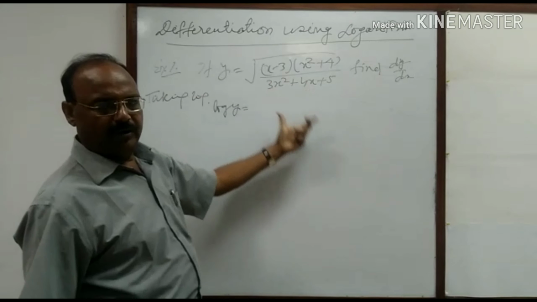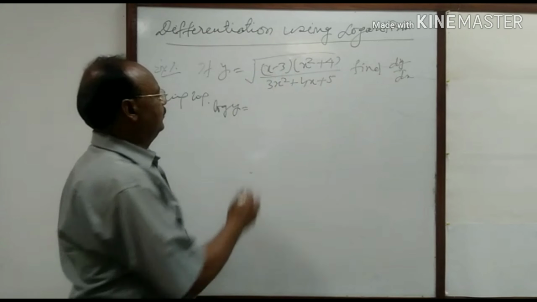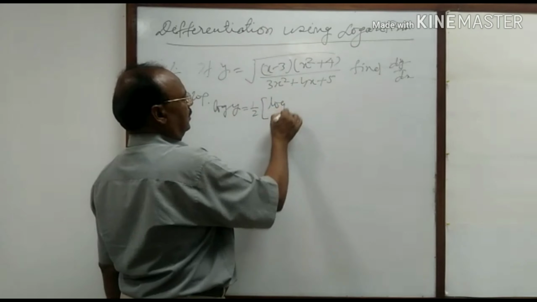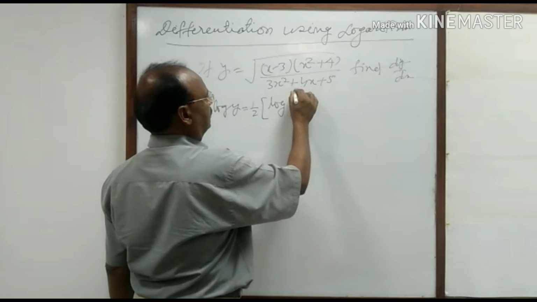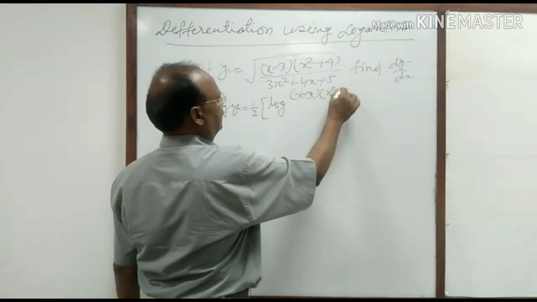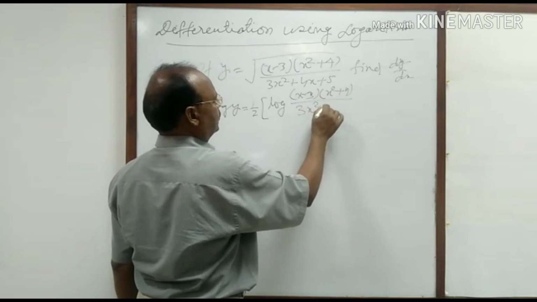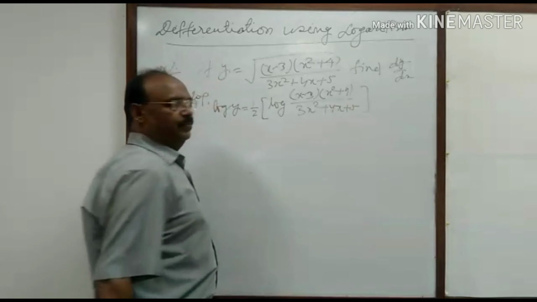With the help of the formula that we discussed, this can be written as half into log of x minus 3 into x square plus 4 divided by 3x square plus 4x plus 5.